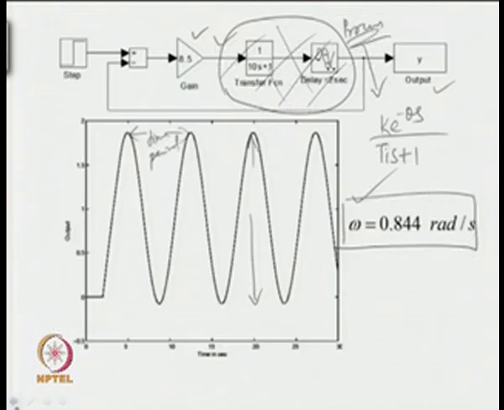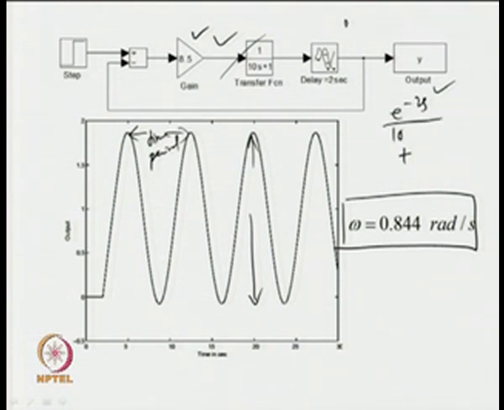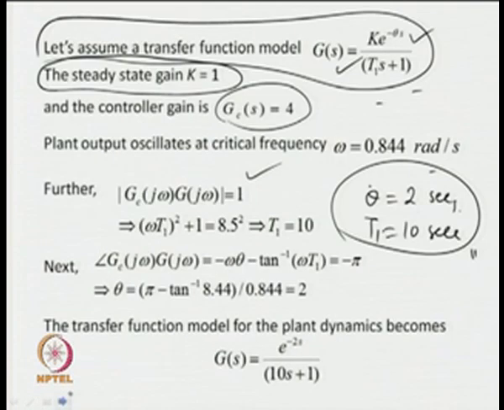The dynamics of the process, as you see, is e to the power minus 2 s upon 10 s plus 1. This is the process we had employed for identification, and we have identified the transfer function model of the process dynamics to be G s is equal to e to the power minus 2 s upon 10 s plus 1.